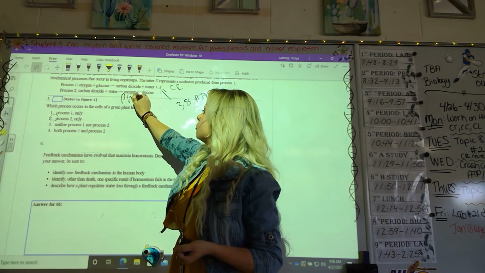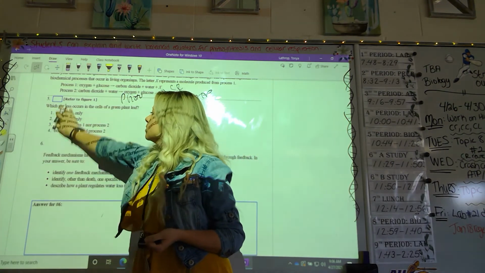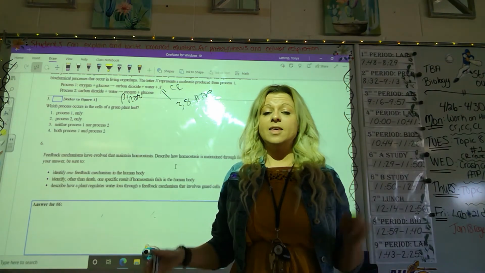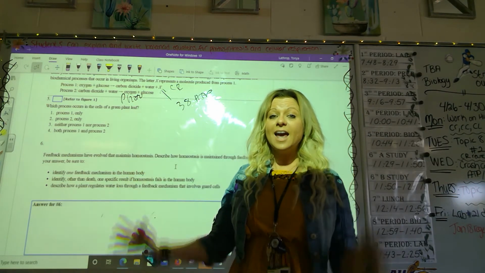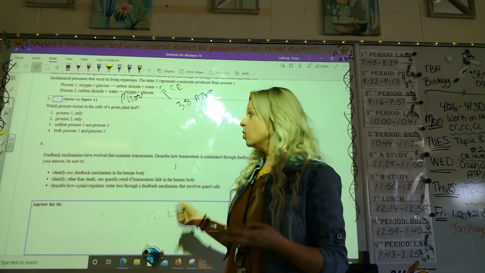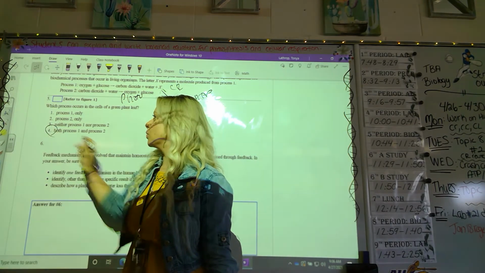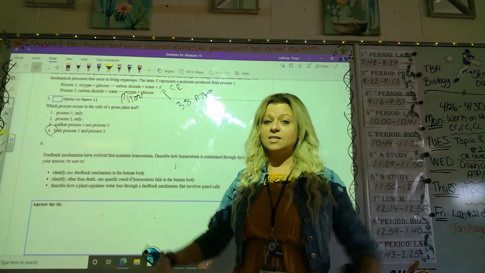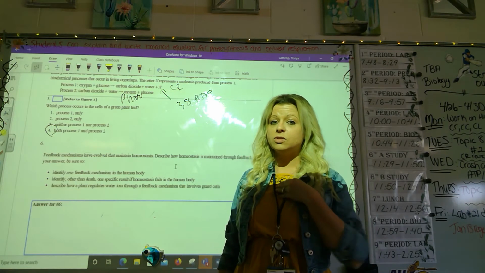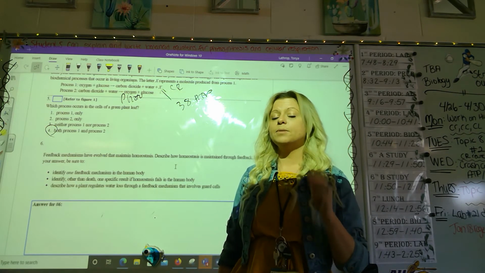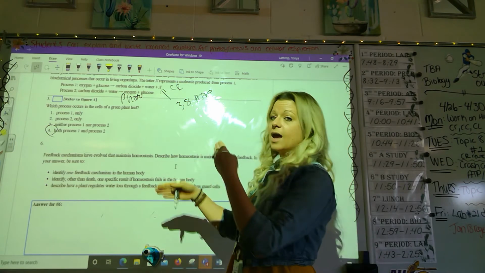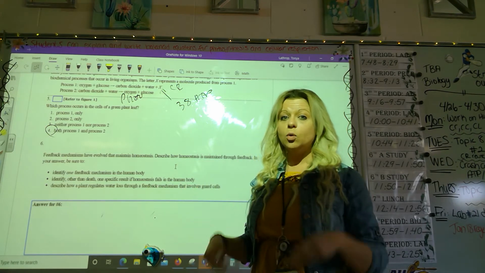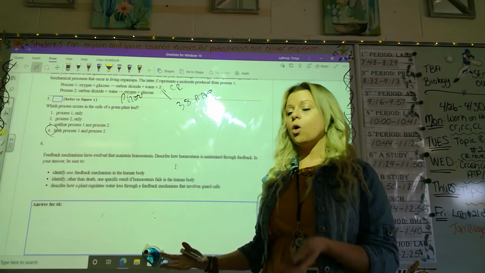This would be my photosynthesis. And remember that plants are super awesome. They have both a chloroplast and a mitochondria so that they can do both. This one will be on your test, and you will need to know plants are amazing. They can do both. We can only do cellular respiration. We are heterotrophs, but plants are autotrophs. Therefore, they have the processes to self-produce their own food.